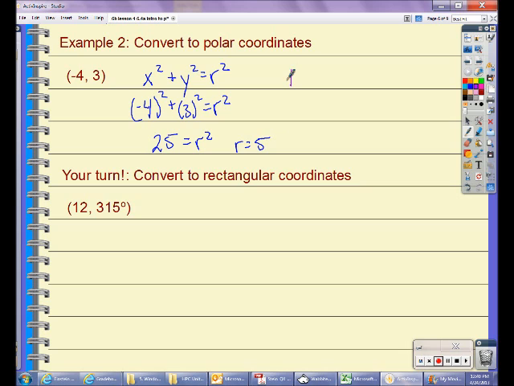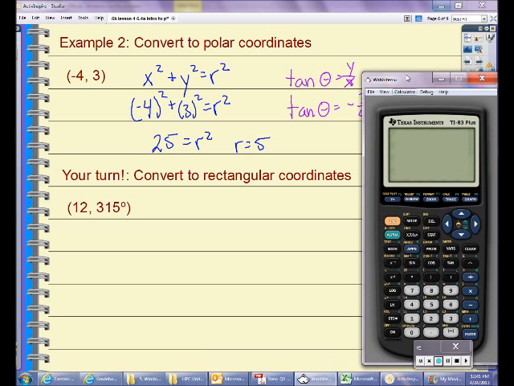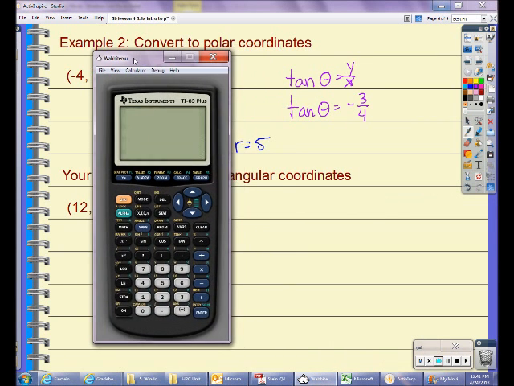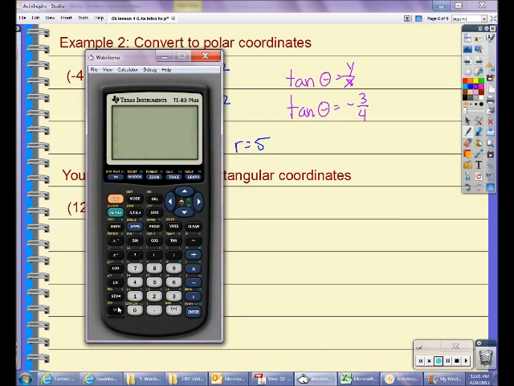For our theta, you have tangent of theta equals y over x. I know how to write an x. In this case, tangent of theta equals negative 3/4. Now, I am not going to make you do that in your head because 3/4 is not something from one of our special right triangles.